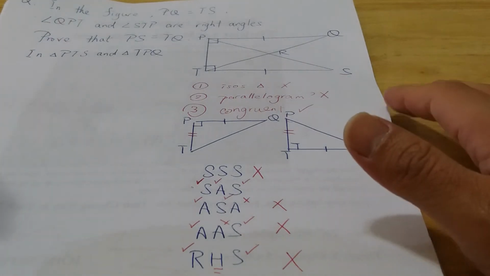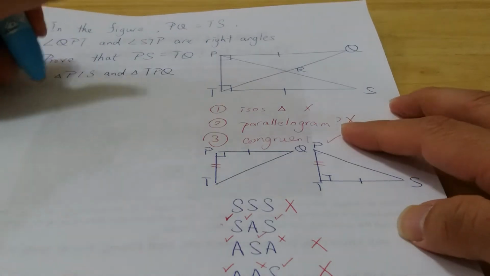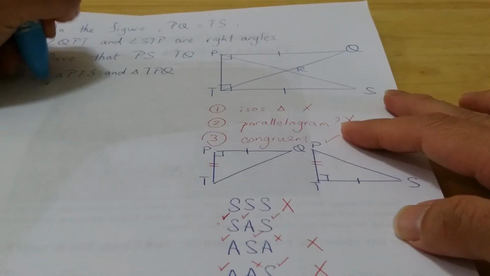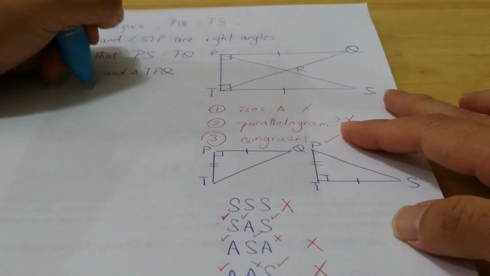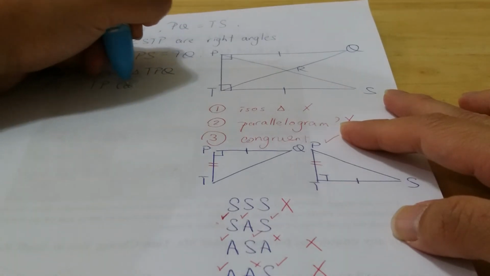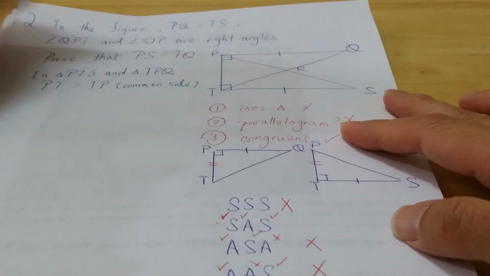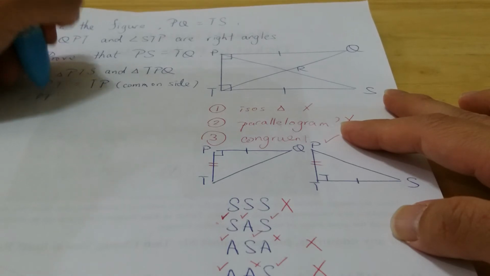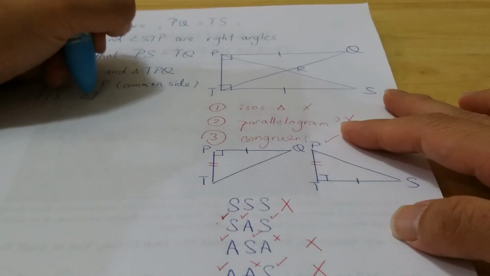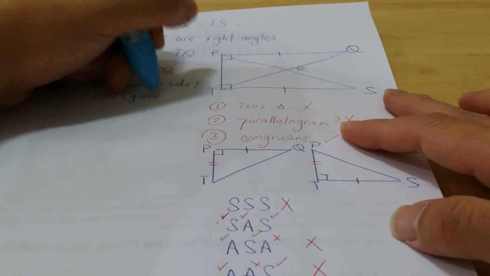First of all, let's write down the reasons we have. Number one, PT equals TP, common side. That is S. Second, angle PTS equals angle TPQ, the right angle given.